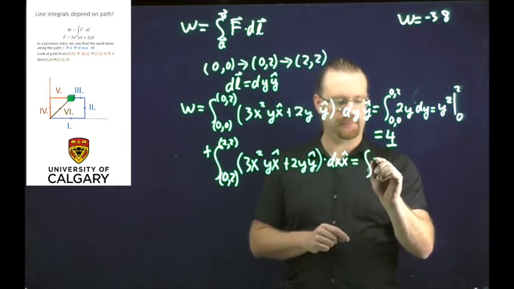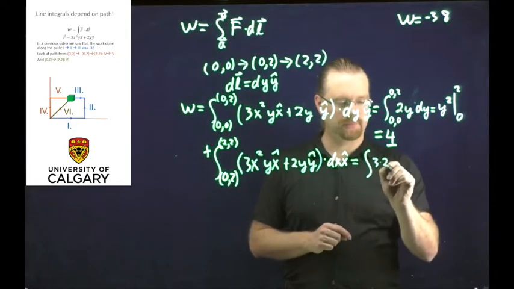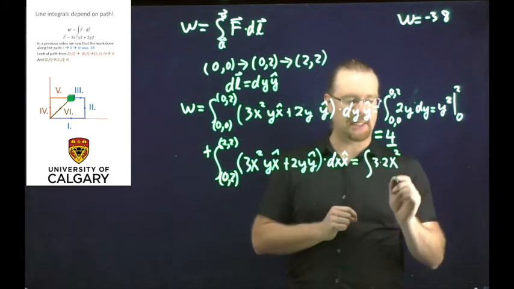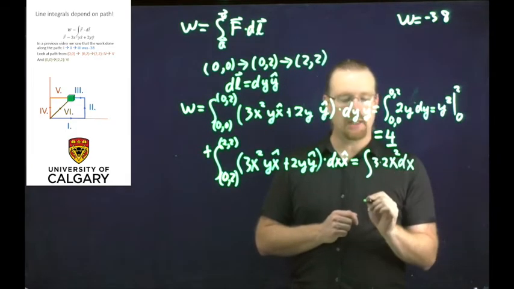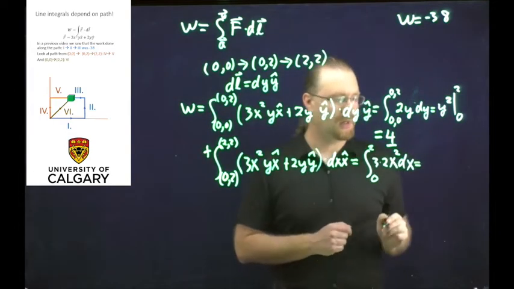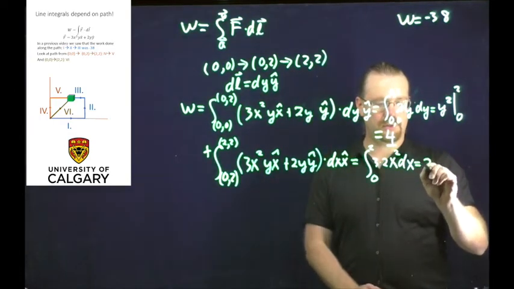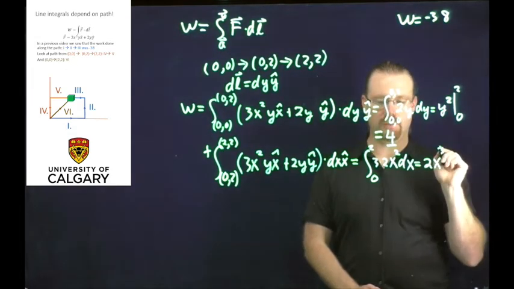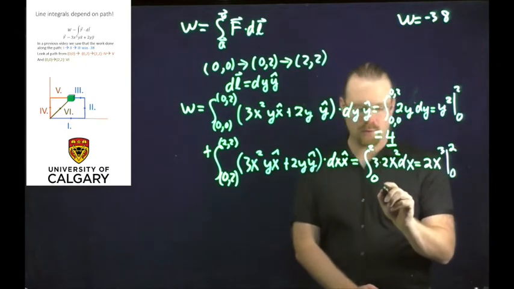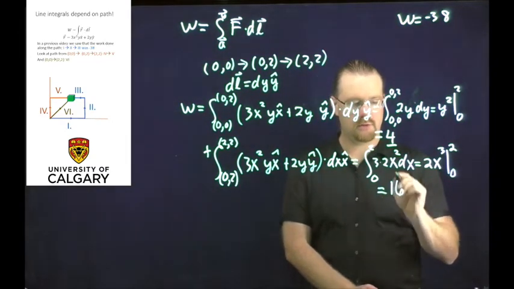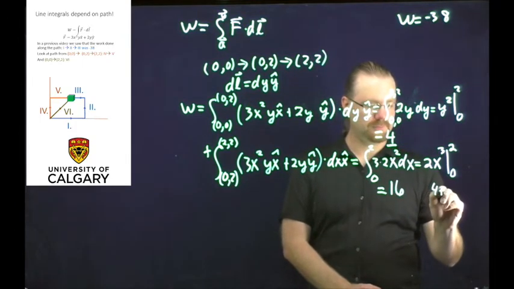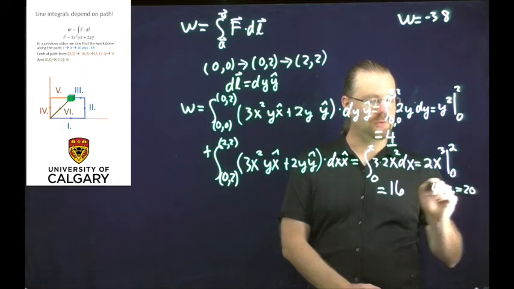So we've got 3 times 2 times x squared, and the dot product is just going to give us dx, and we're integrating from x equals 0 to x equals 2. So this winds up being 2x cubed evaluated from 0 to 2, which is, of course, 16. So 4 plus 16 equals 20.